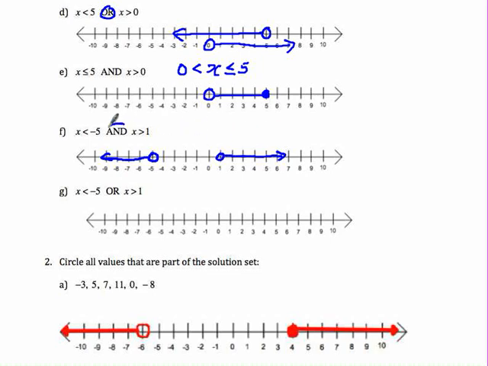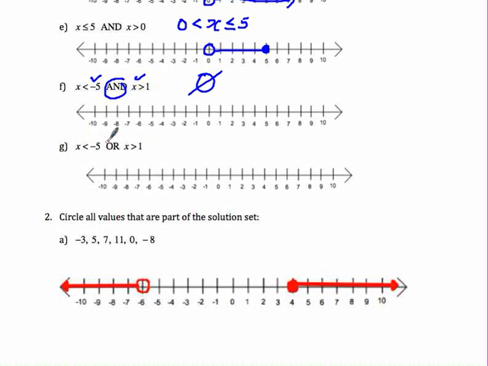And in this case, however, since it's AND, we need the set of numbers which simultaneously satisfy both of the inequalities. In this case, there is no number which is both bigger than 1 and at the same time smaller than minus 5. And so what we actually have in this instance is a no solution or empty set. There are no numbers that satisfy both of those.